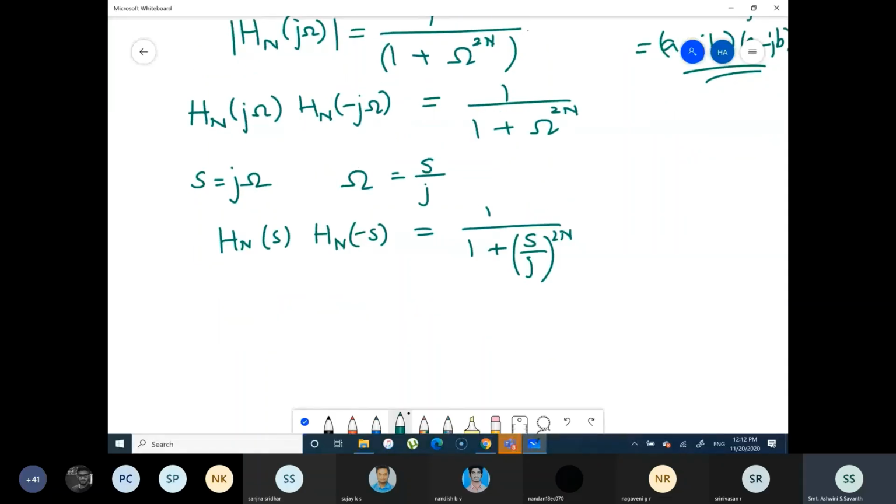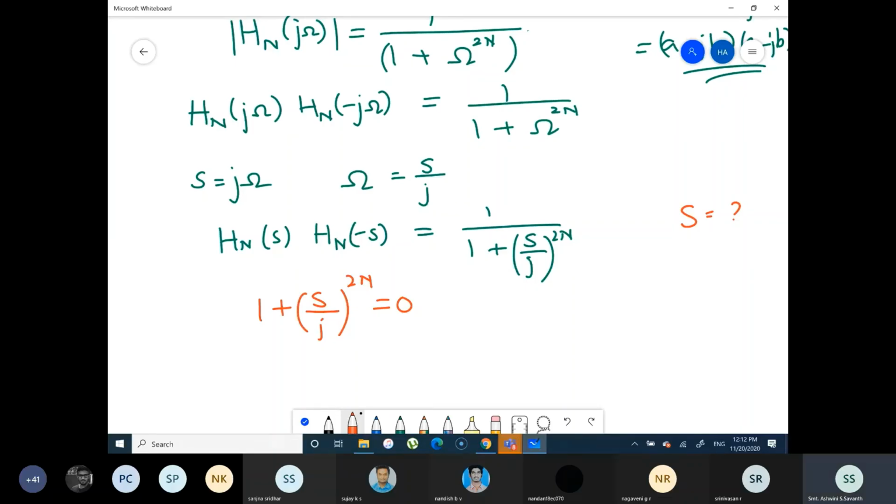So let us equate the denominator polynomial, 1 plus (s by j) to the power 2n, to 0. Then you have to find out what is s. The location of s gives the location of the poles. So equate the denominator polynomial to 0 and find the value of s.